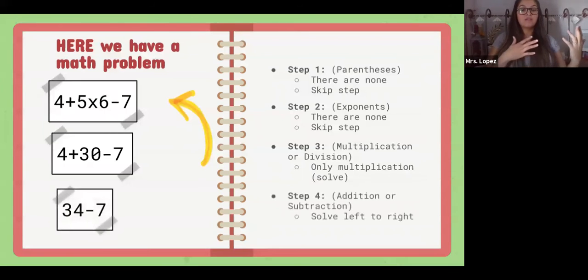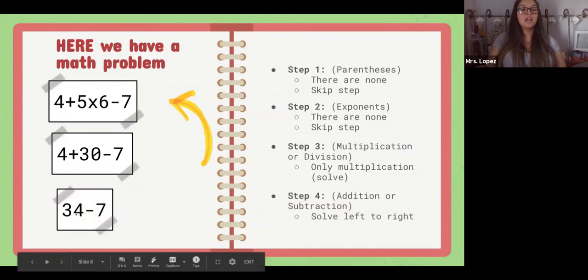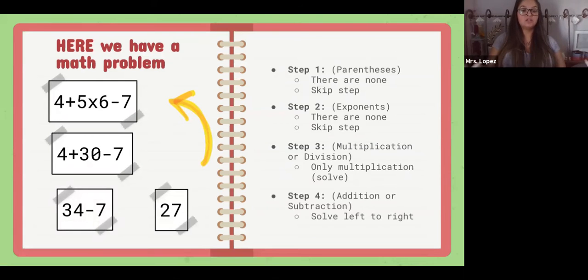We're going to do that from the left to the right. So at first I do see addition, so I'm going to add 4 plus 30, that gives me 34. And then I'm going to subtract the 7, and that is going to give me 27. This is the correct way in order to make the order of operations and solve this problem correctly.